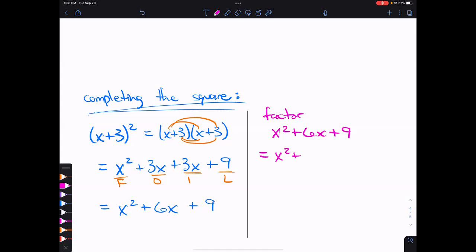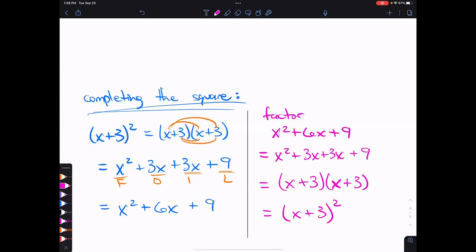So we split that middle term up into 3x and 3x, and then you can see the factors. If this is the first and the outer and the inner and the last parts of the product, then the factors have to look like x plus 3 and x plus 3. And since there are two of them, we just roll those together and say x plus 3 squared. Which is good because we just did the same problem, just sort of backwards and forwards, right? So, okay, cool, good that we ended up in the same place.